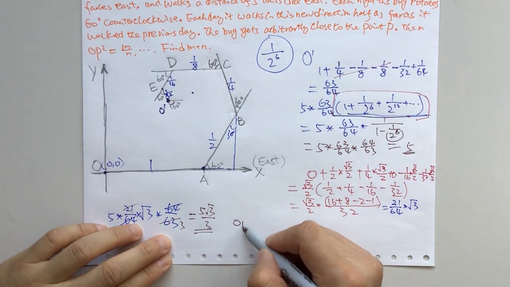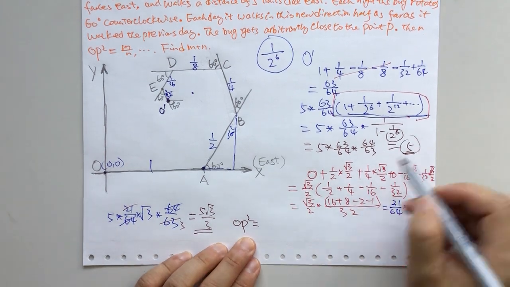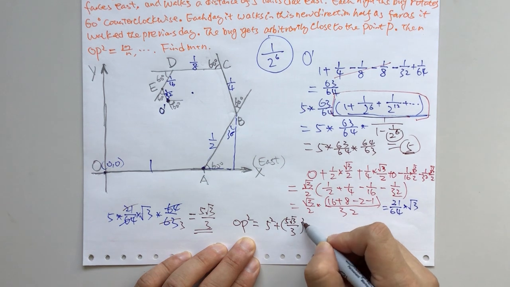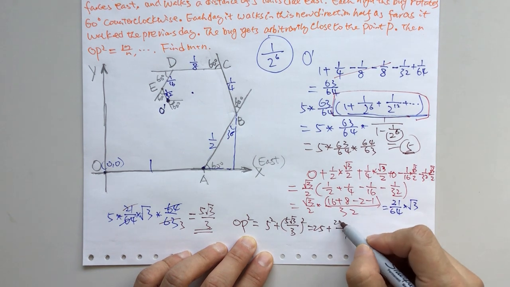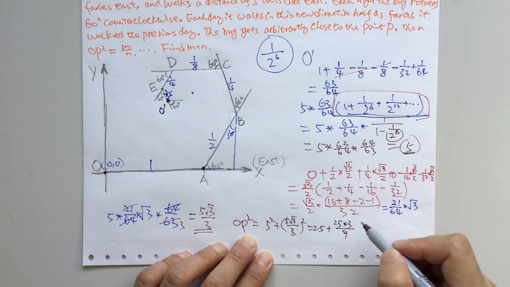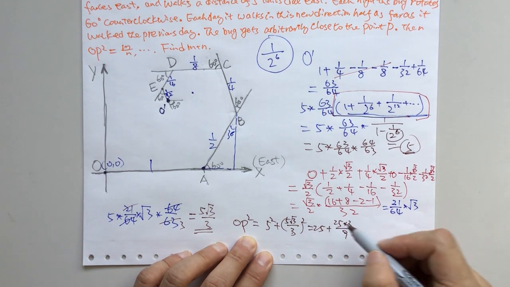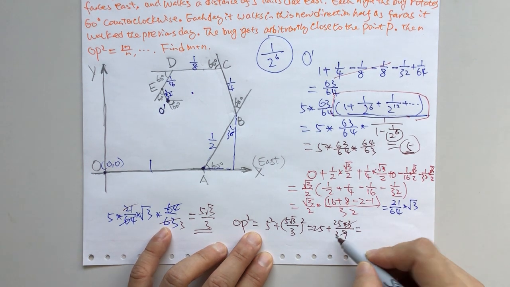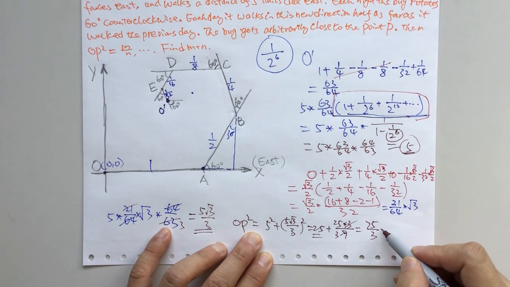Now OP squared equals x squared plus y squared, so it's 5 squared plus (5 over 3 times square root of 3) squared. So it's 25 plus 25 times 3 over 9, which is 75 over 9, equals 25 over 3.